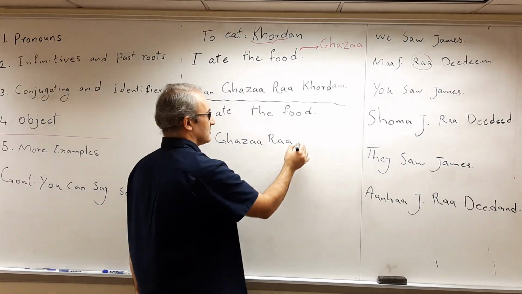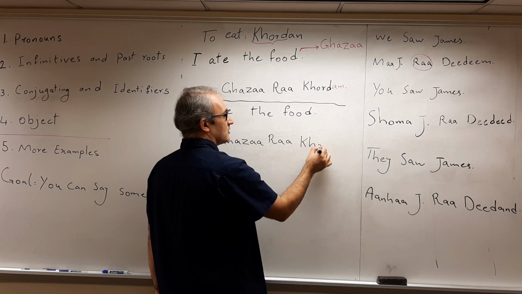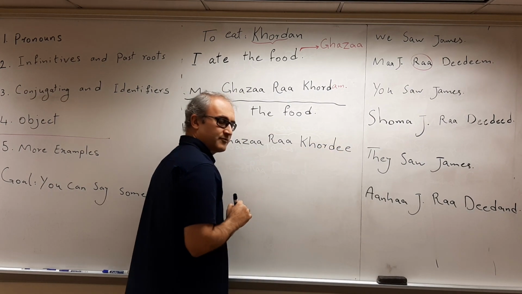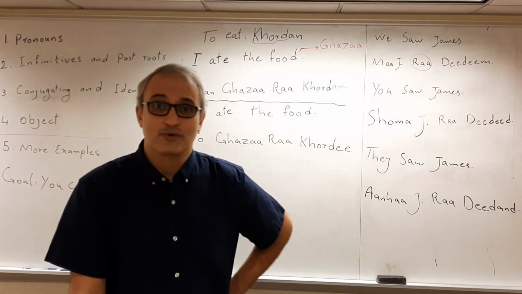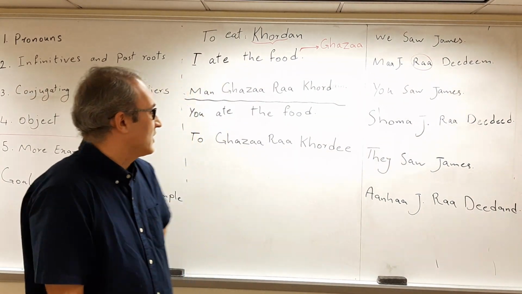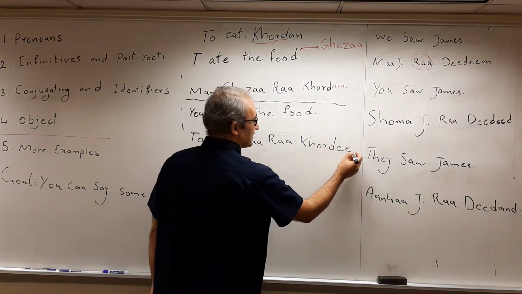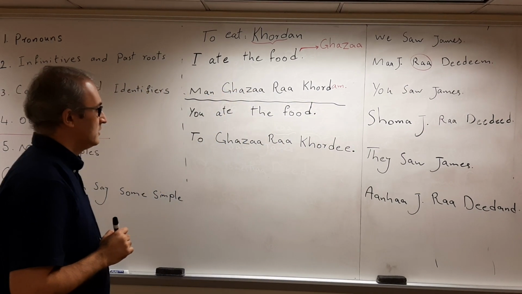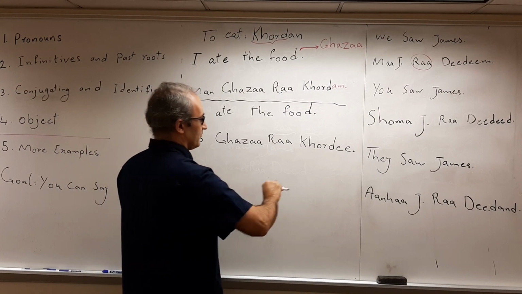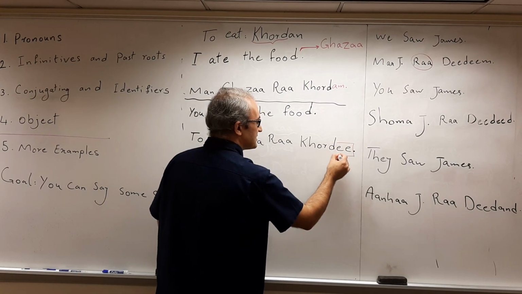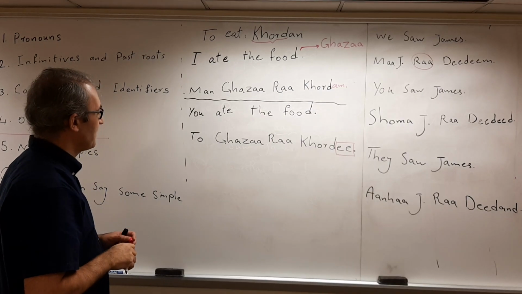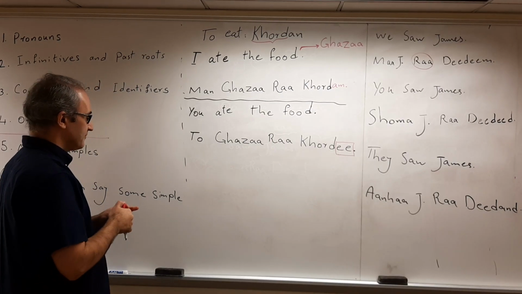Gazara. Khordi. To. Gazara. Khordi. Okay? And don't forget period after the sentence. E is the identifier for you. For you. Okay.